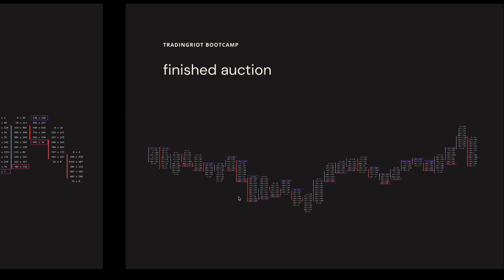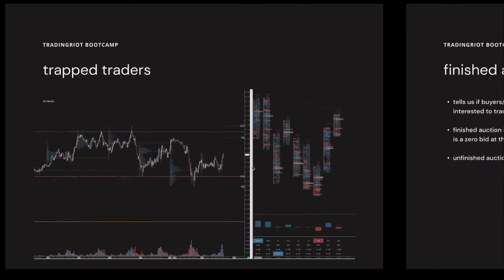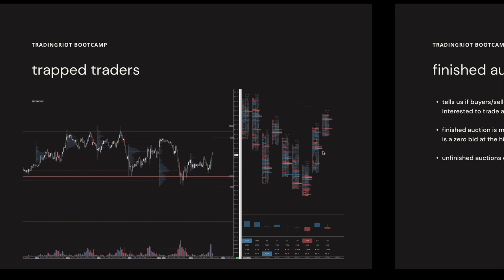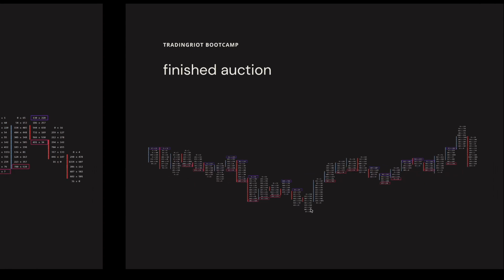They will happen a lot, so the key with a footprint is really to use it in a proper context. I am using it only when I am interested in actually taking trades. When I'm in a trade, for example, I would be buying somewhere down here, and let's say I have a target above these finished auctions, and market will start pulling back, and I will see this finished auction right here, and I will be like, okay, let me just close this, because there is a finished auction.